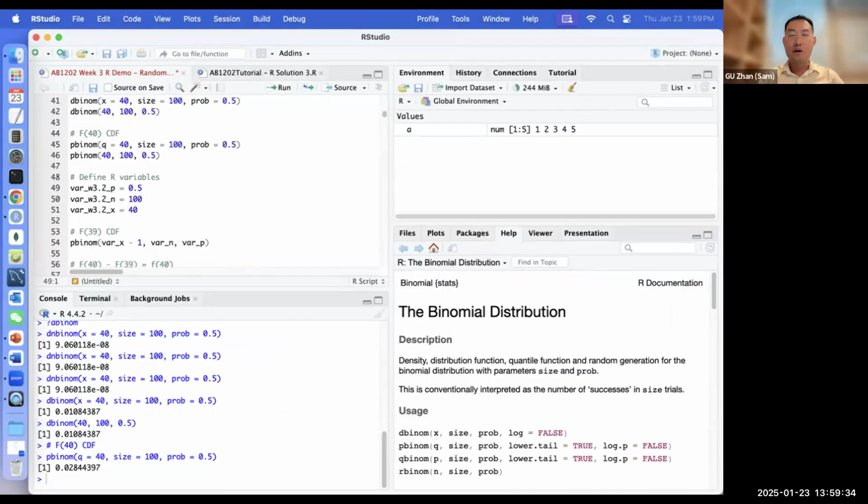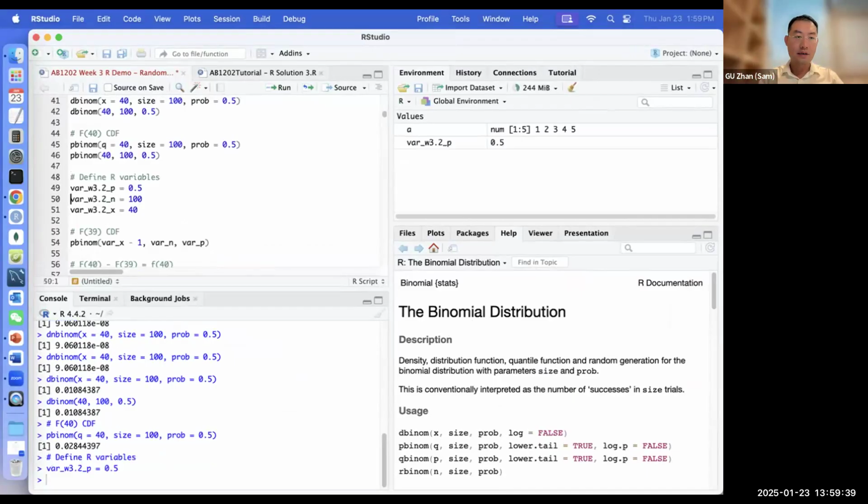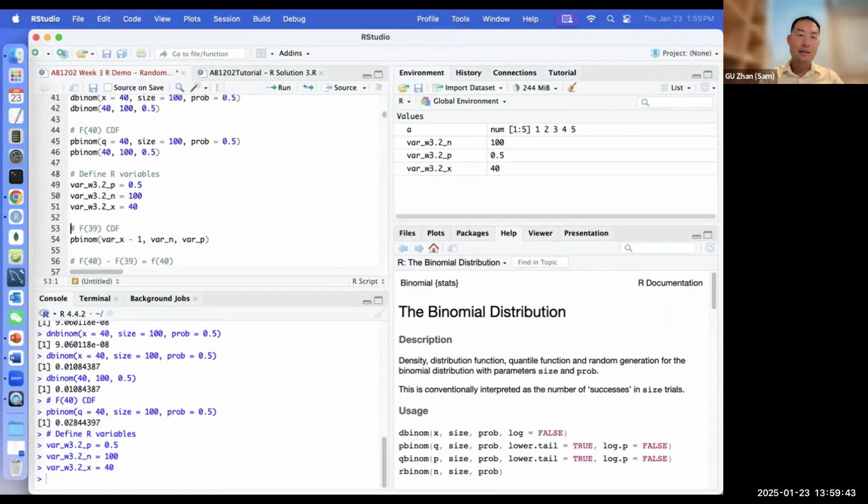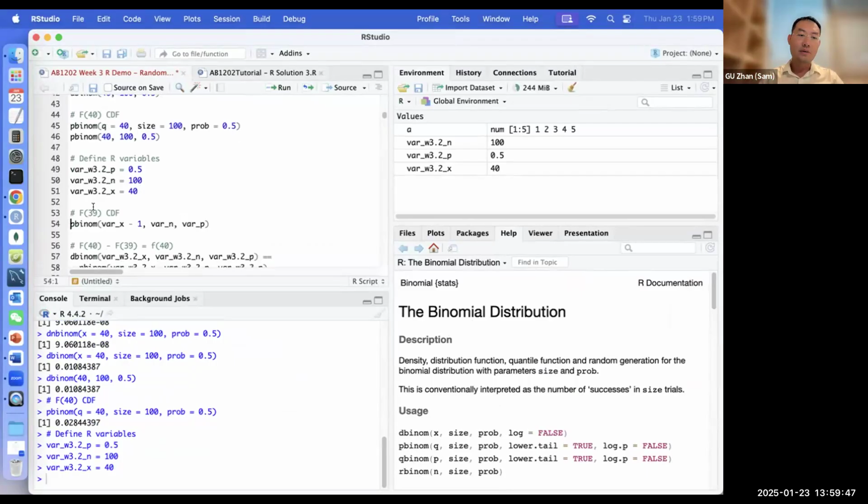Next, for our convenience, we define the probability, the size, and the x value to be 40. So now we can calculate, you can see the three values here. So I want to calculate F39, then pbinom, where the variable x value is this value.